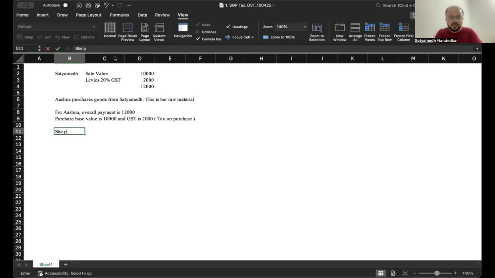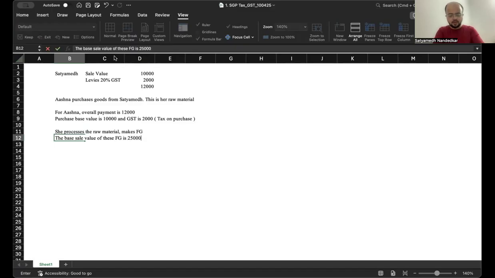Now, she processes the raw material and makes finished goods. Okay. Now, the base sale value of these finished goods is, say, 25,000, and rate of GST is 20%.